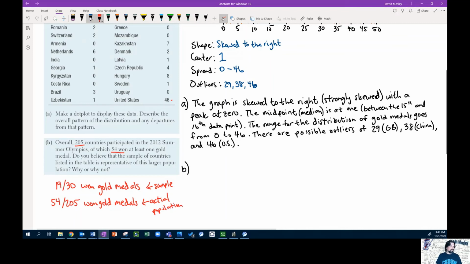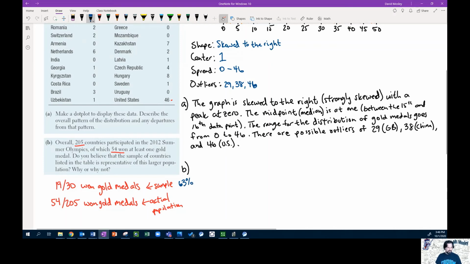That equates to, in our sample, 63% won gold medals.